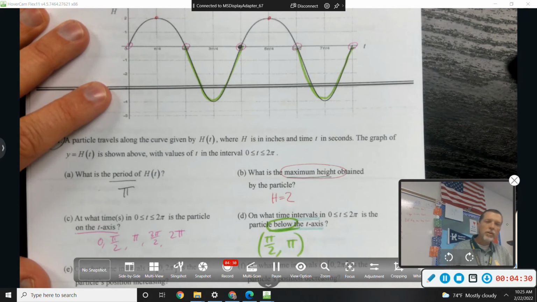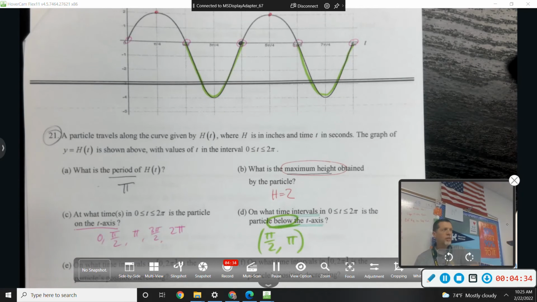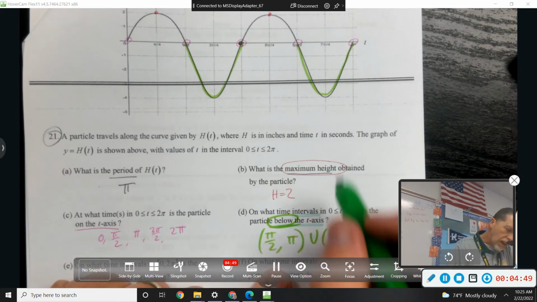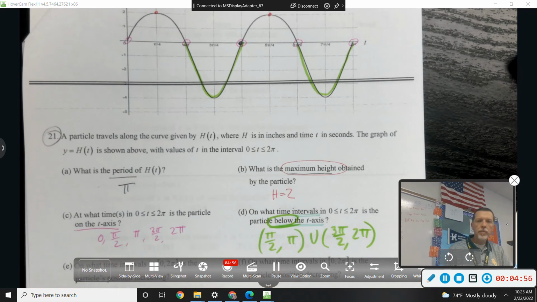And I think I probably want to use, I'm not going to count off for this, but I would use parentheses rather than brackets. Because brackets means include it, but it's not below the axis at those points. It's on the axis at those points. So that's kind of a technical point. But I don't want to include those points. And then from 3 pi over 2 to 2 pi, where it's below.